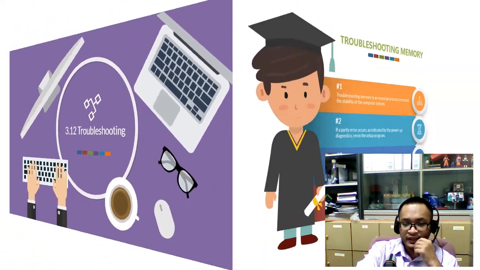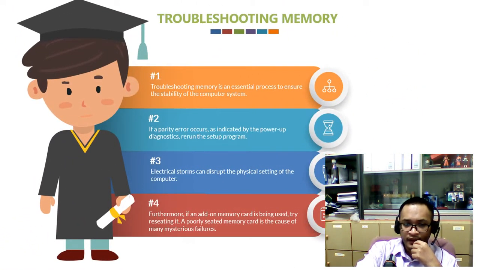Okay, troubleshooting. So these are problems caused by the memory. First, we troubleshoot memory to ensure stability of the computer system. Then we check for parity errors. Sometimes an electrical storm can disrupt the physical setting of the computer, so we have to check the settings one by one.